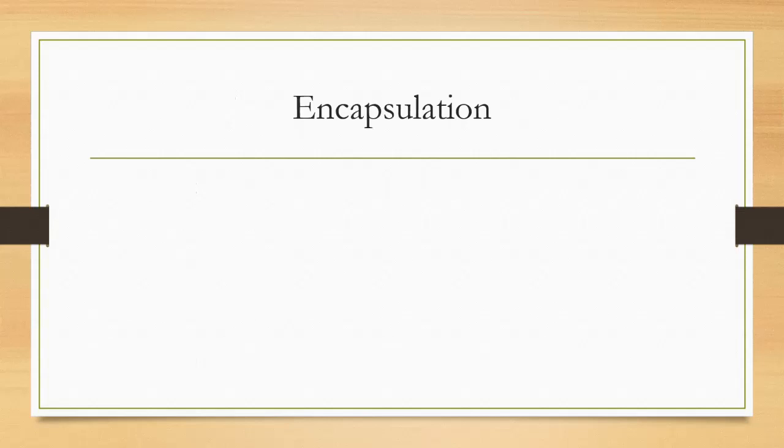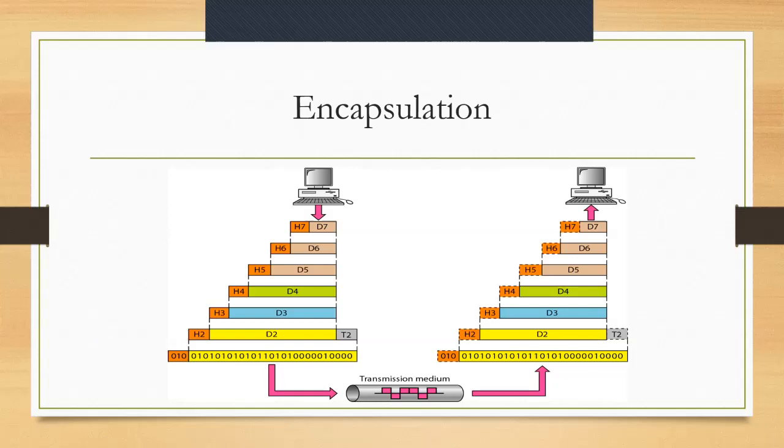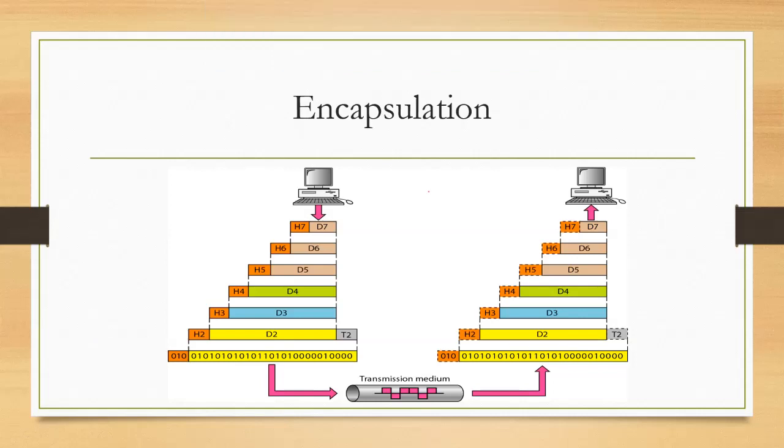Another point is encapsulation. Let us see what this is. We have two machines. We will call one the sender and another the receiver. And we will take an example of an email application.